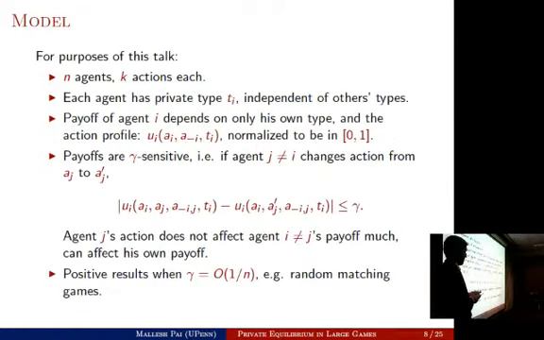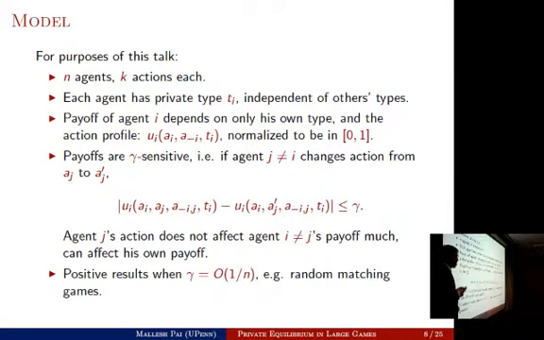And the 1 over n is really an artifact of the normalization to [0, 1]. It's a little tricky what the correct orders mean, but for random matching, it's very clear what the correct order means. So this is my setting.